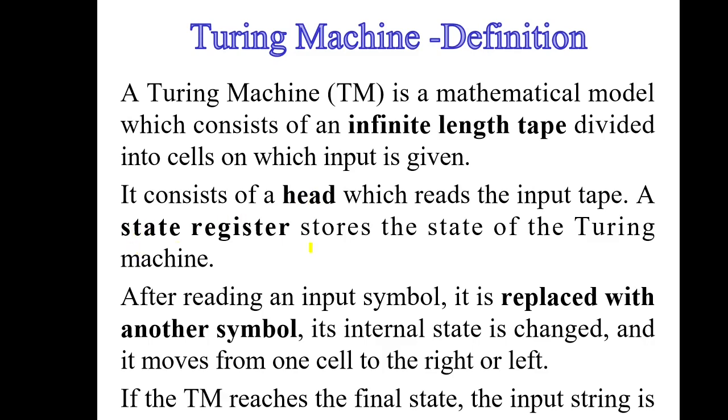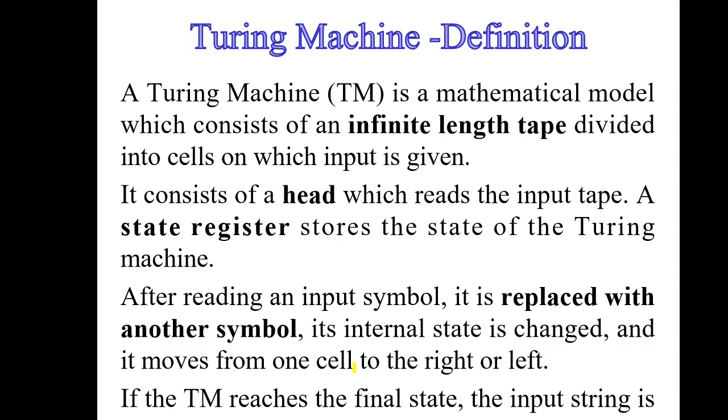A state register is another part. That state register can store the state of the Turing machine, and after reading the input symbol, it is replaced with another symbol. Its internal state is changed and it moves from one cell to another cell.